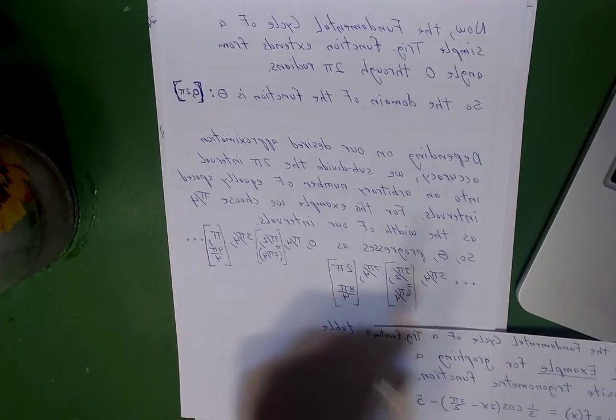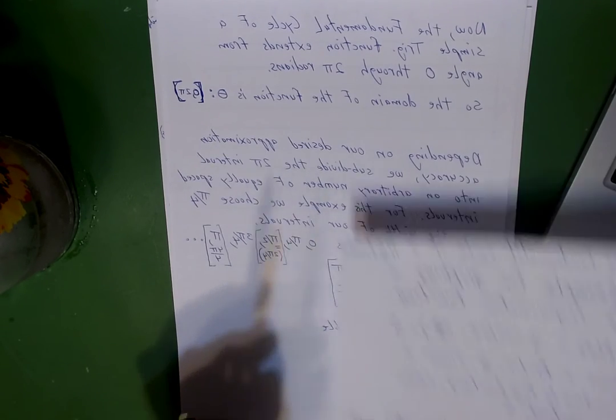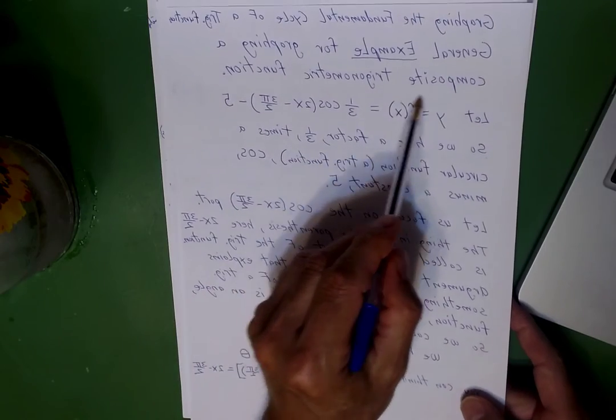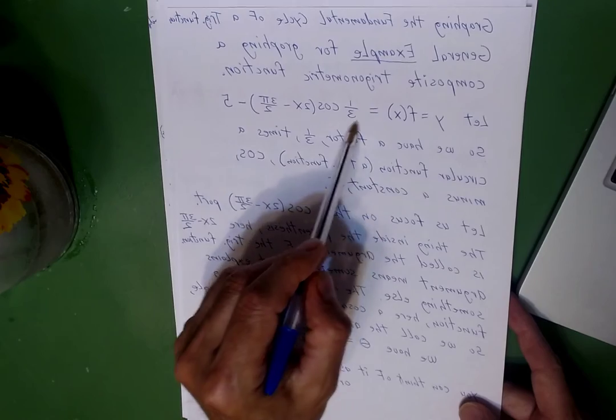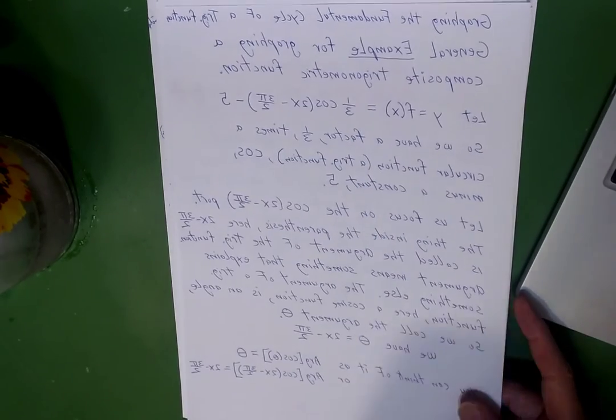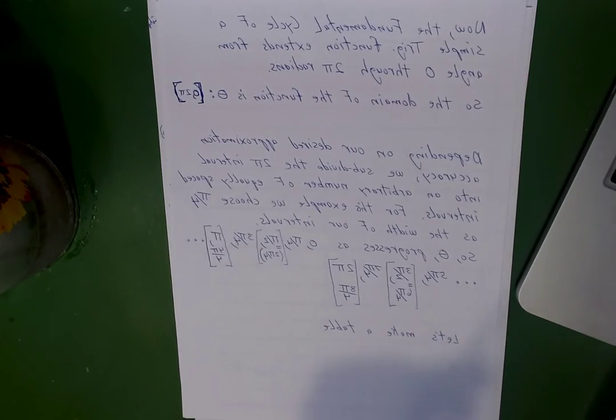So now, getting back to the matter at hand, we're trying to graph this larger, a little more complicated function, this whole thing, right? So what do we need to do that?